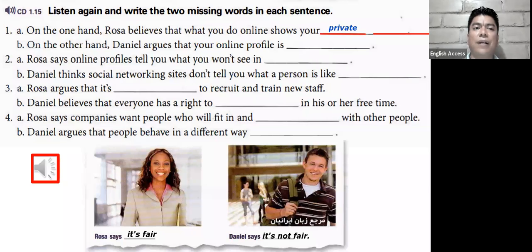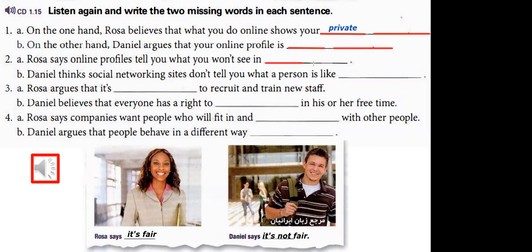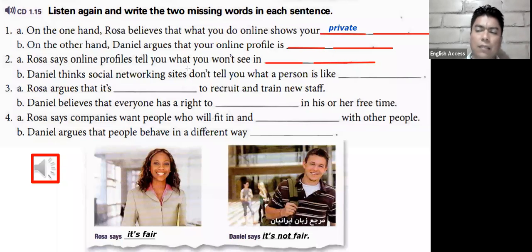Next, on the other hand, Daniel argues that your online profile is... okay. What about the next one? Rosa says online profiles tell you what you won't see in... okay. Next. Daniel thinks social networking sites don't tell you what a person is like.